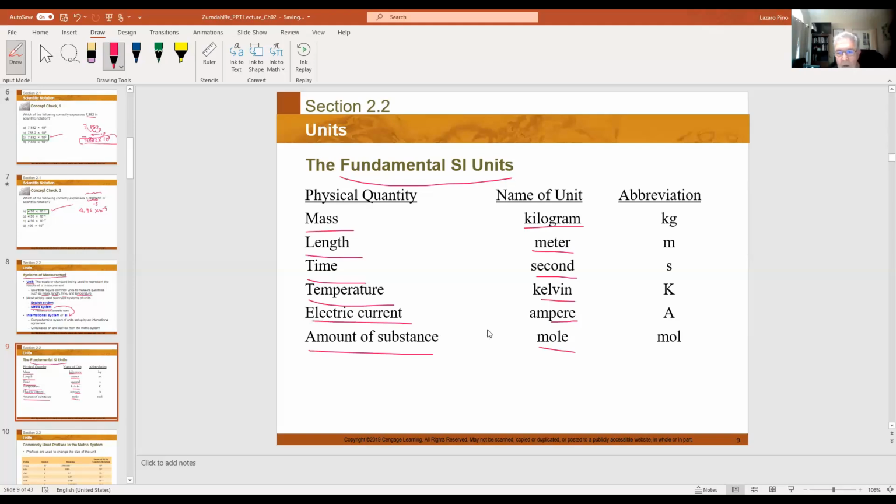Amount of substance is very important for chemistry. We are going to speak about the mole later on. The ampere is mostly used in physics, but the Kelvin, second, meter, and kilogram are used every day in chemistry.